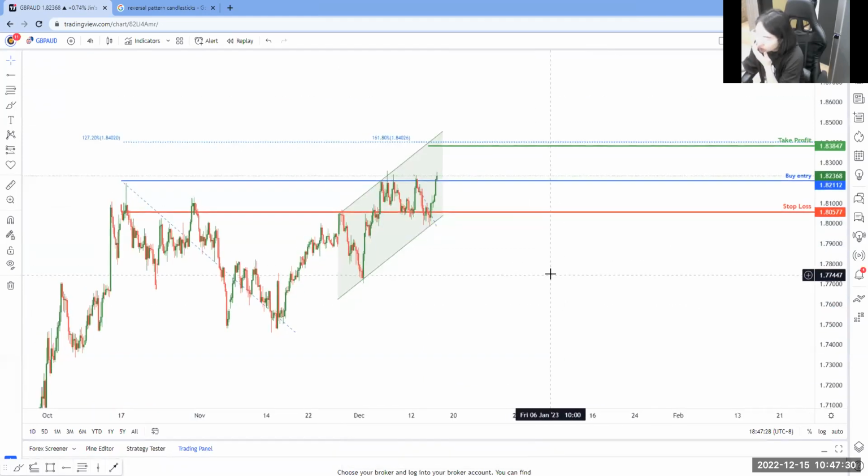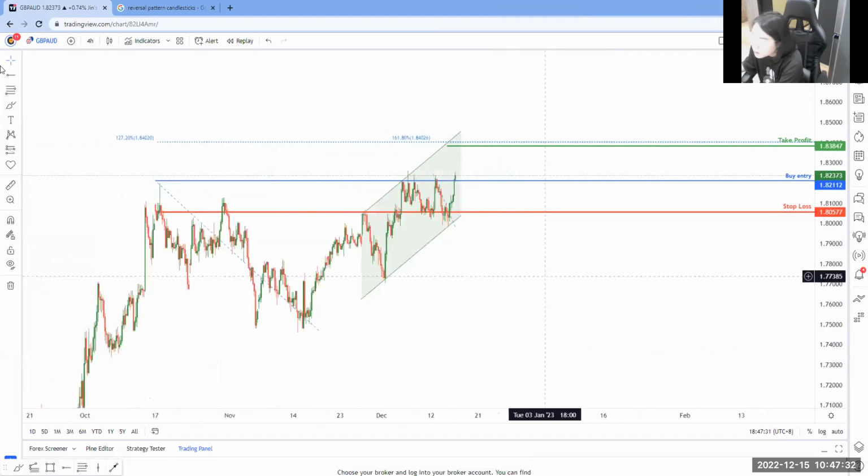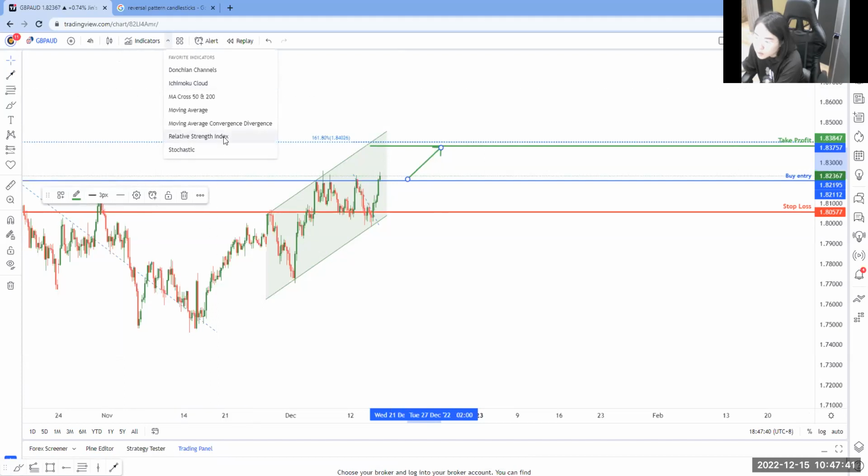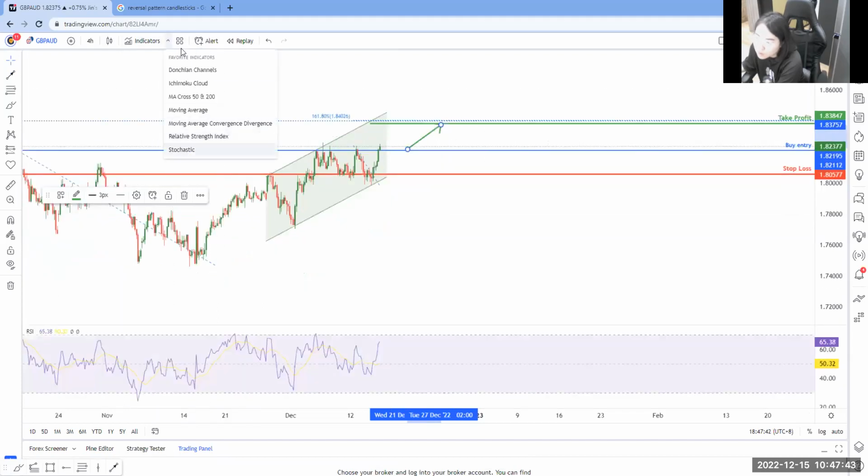Okay, cool. This is the level that we're going to use before we make any decisions. We need to combine this with indicators to confirm.